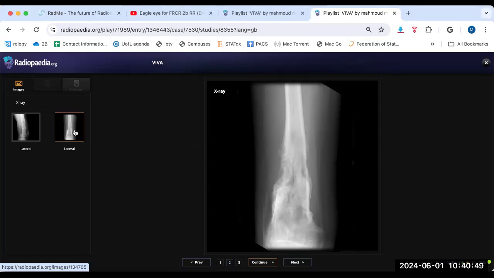In such an age group, I will put aggressive bony lesions like osteosarcoma at the top of my differential. What will you do next?